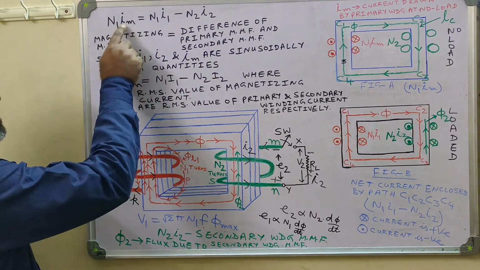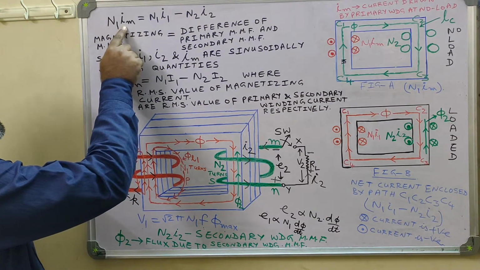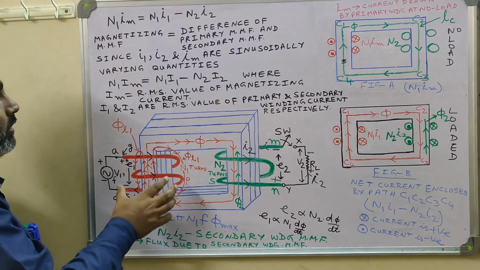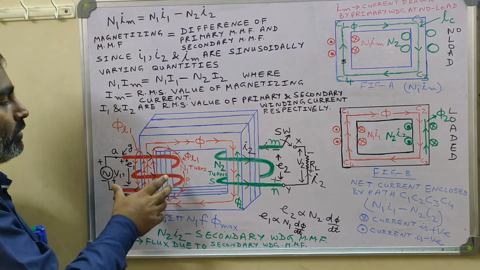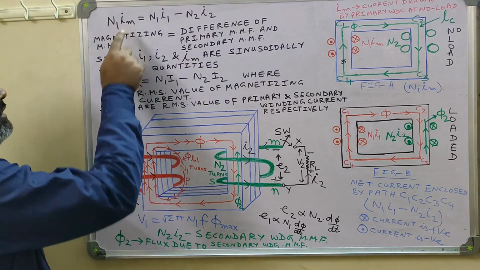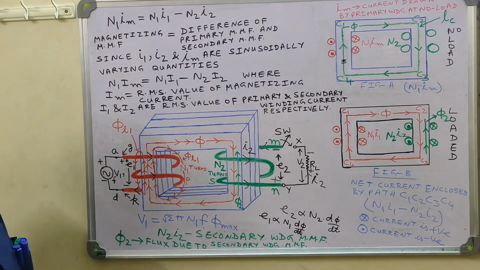So this small i_m represents the magnetizing current drawn by the primary winding of the transformer, and it is the instantaneous value of the magnetizing current. That means it will change with time; it is a function of time.